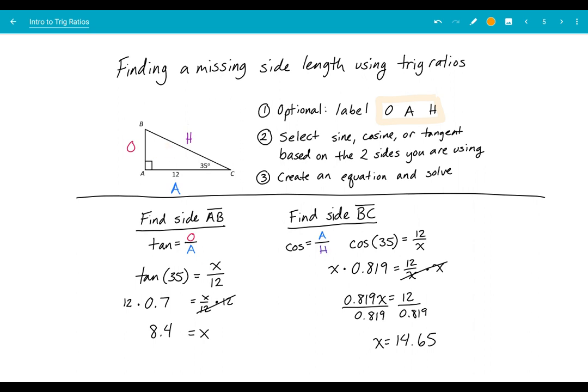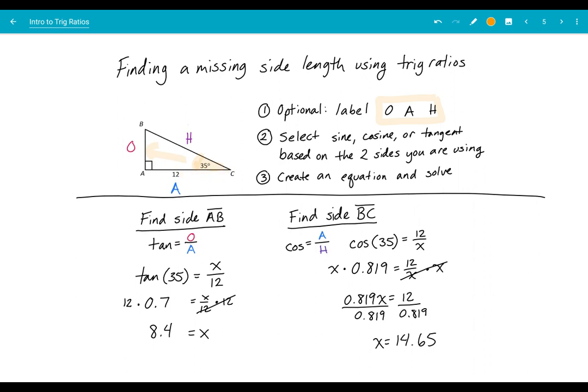And then you have to think relative to the angle that you're given. So here, this is the angle that was labeled. My next steps are based off of where that angle is in the triangle. Which side is opposite that angle, and which side is attached to, or adjacent to, that angle.